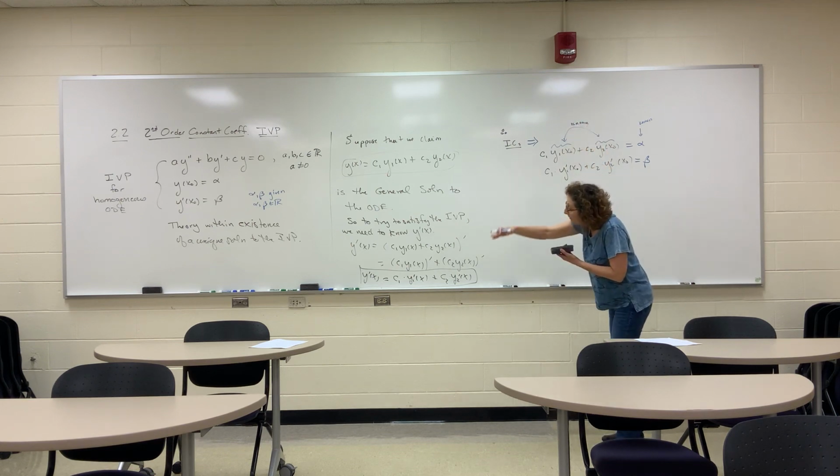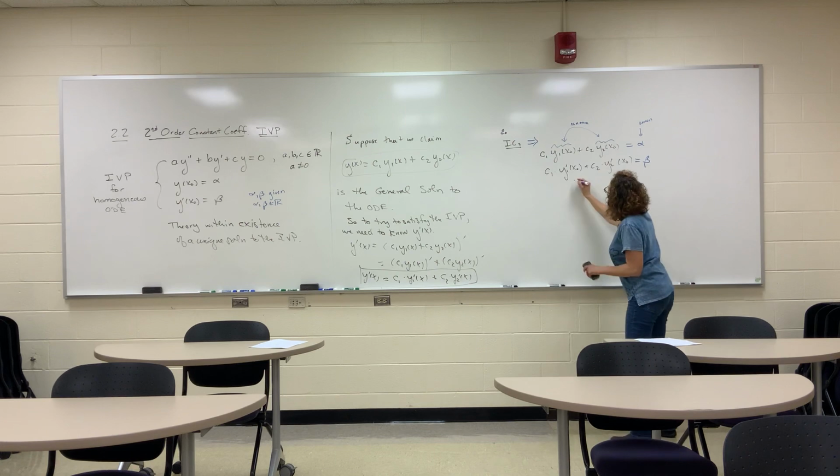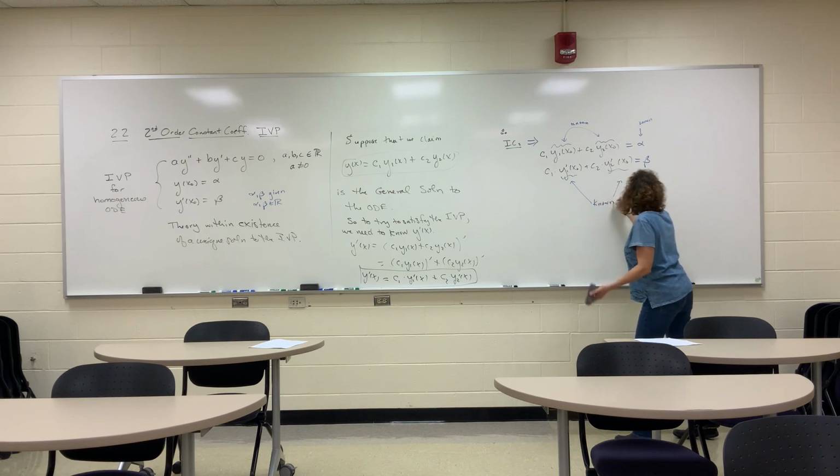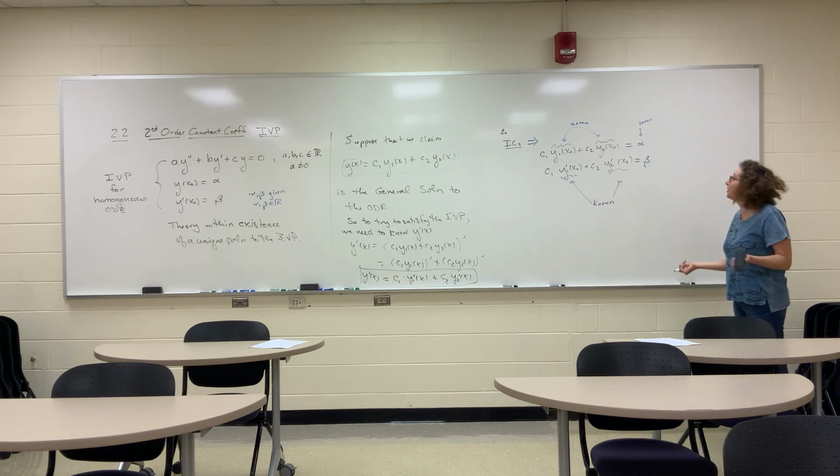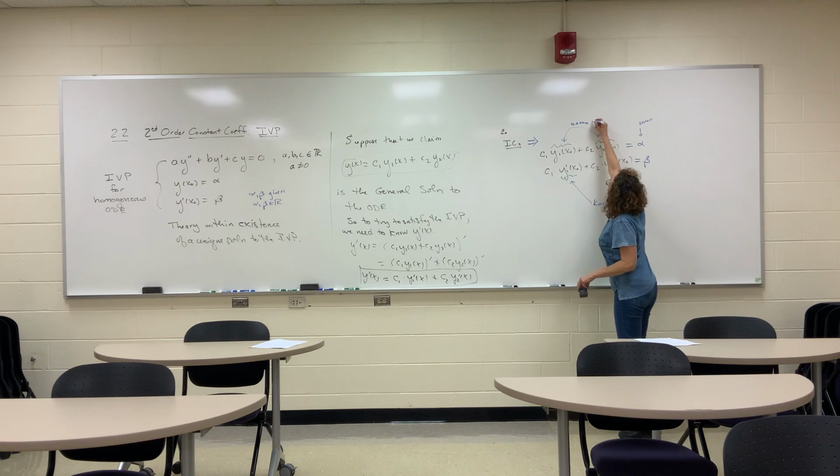If we know y, then we take y prime, and we can evaluate y1 prime and y2 prime at x naught, and that becomes some known number. Known numbers.